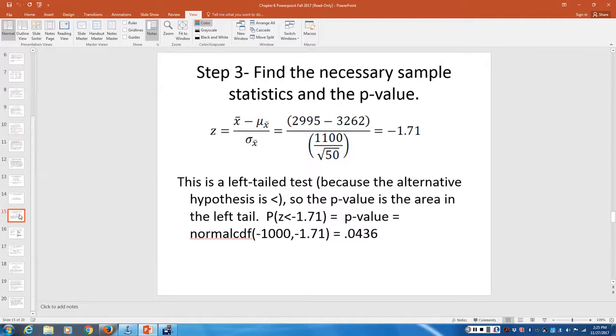So the p-value is the area in the left tail, also indicated by the fact that that is negative. The p-value is the area in the tail less than negative 1.71, which comes out to be 0.0436, which is the other thing the calculator did for you, so that you didn't have to do any of that.